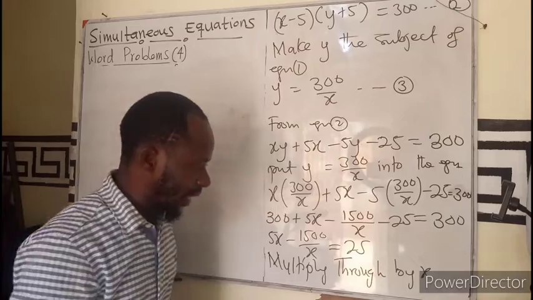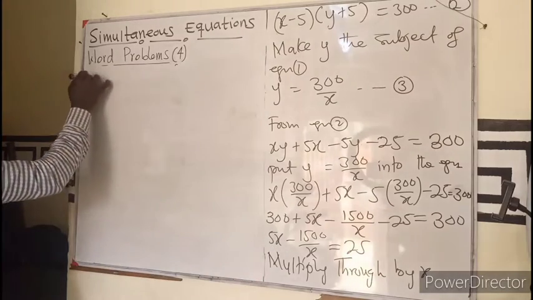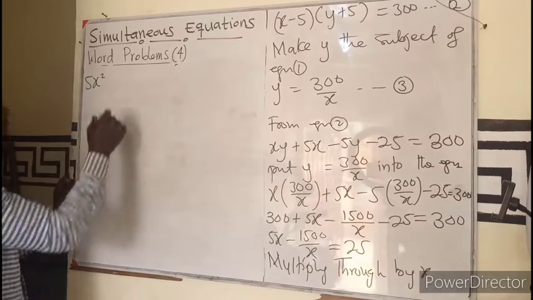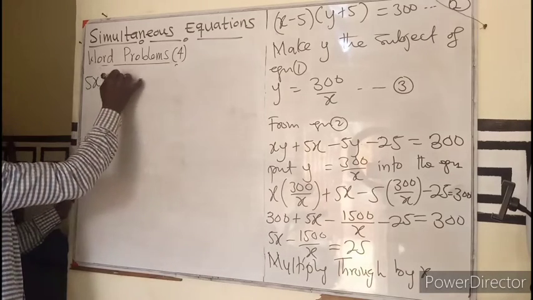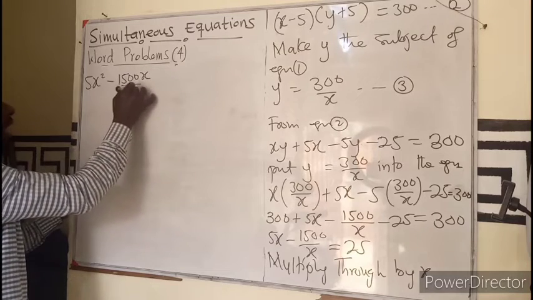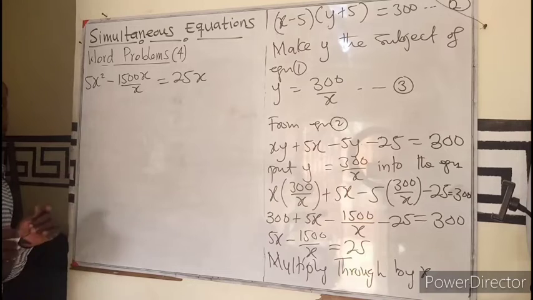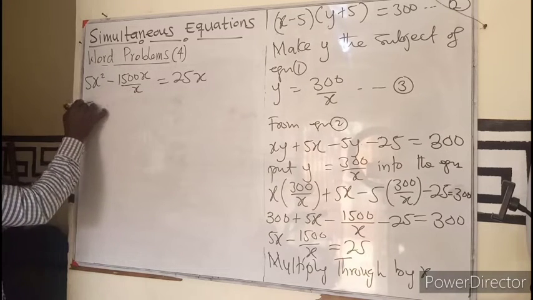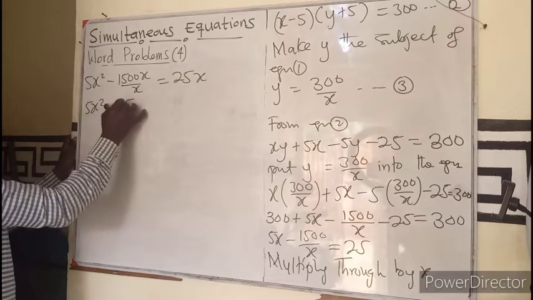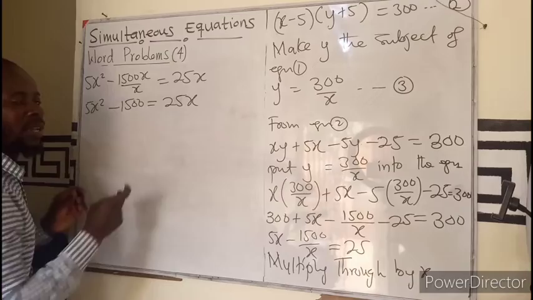Per the multiplication, I'll be having x times this will be 5x squared minus x times this, 1500x over x, equals 25 times x, which is 25x. Multiplication through, so this x will cancel, 5x squared equals 25x.